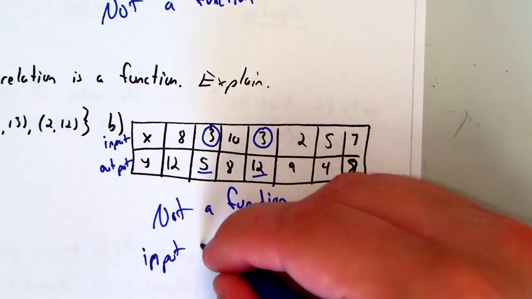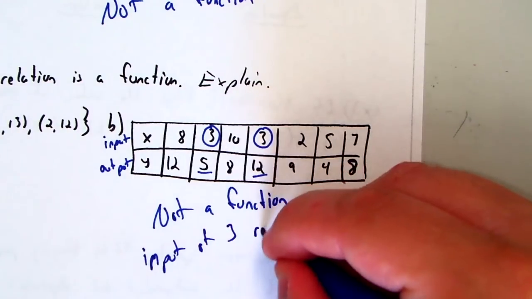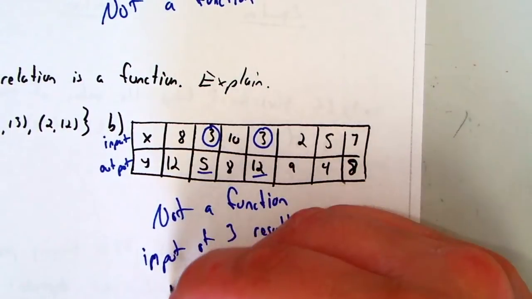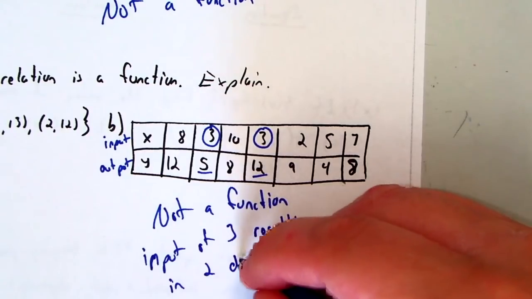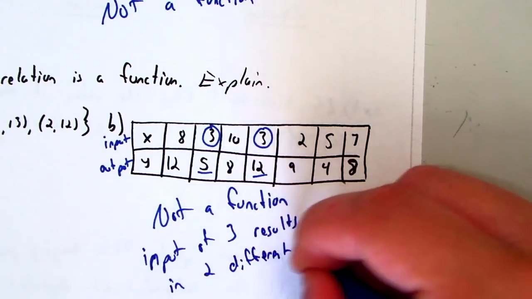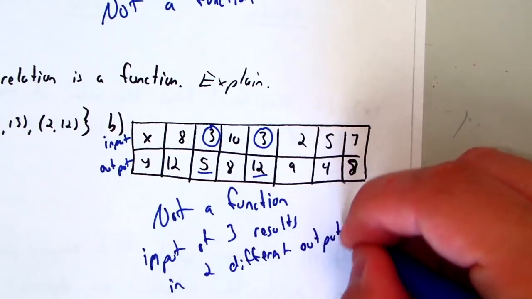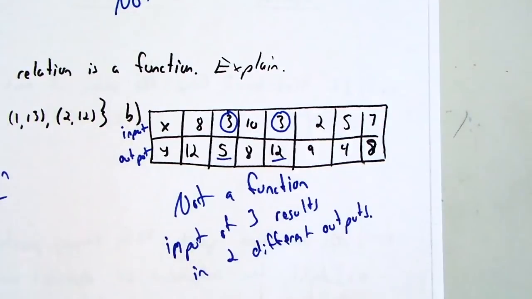Because the input of 3 results in 2 different outputs. And the input of 3 should result in just one output if it is a function.